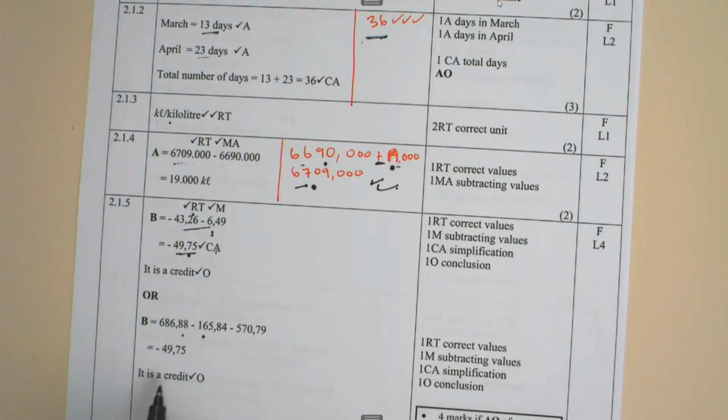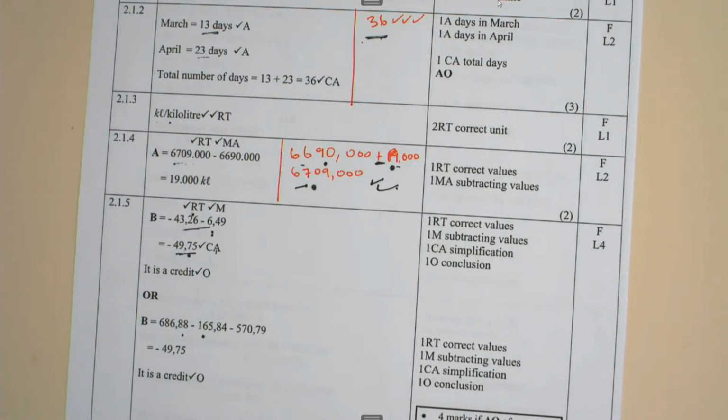Then the answer will be a negative 49,75. Then the learner should conclude by saying it is a credit. Then the learner will get full marks for that.